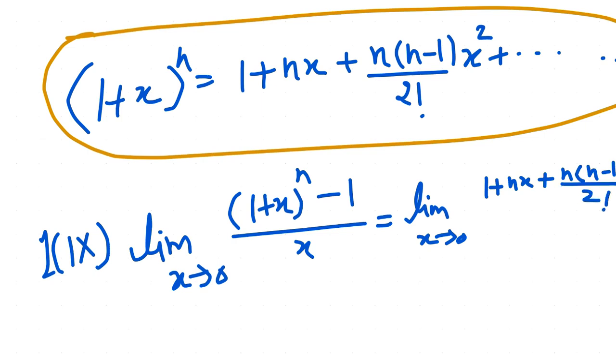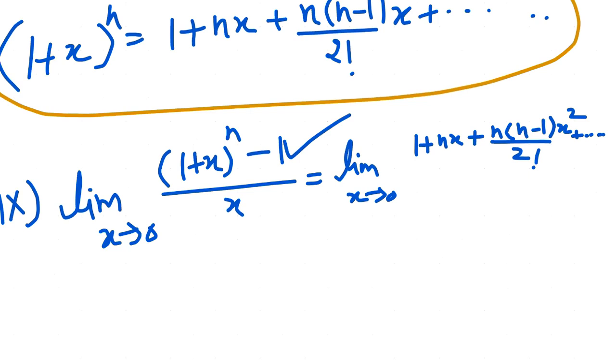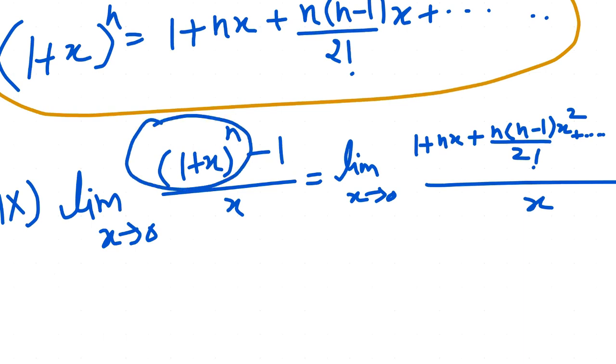And we have minus 1 also, and in the denominator we have x. Because we know the expansion of 1 plus x to the power n, we have 1 in positive, so we can cancel this easily.